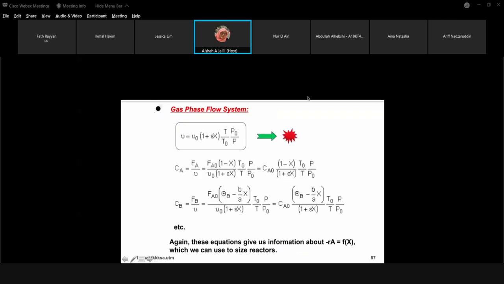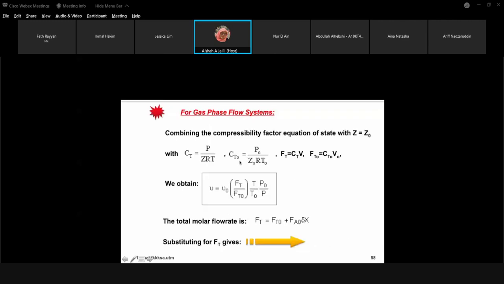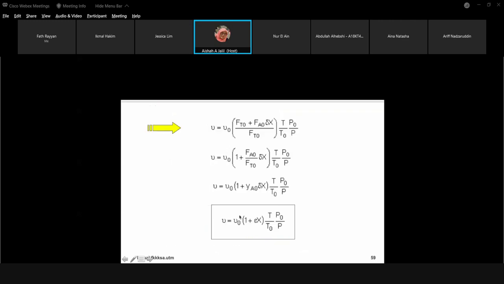I said before, where does this equation come from? It is derived from here. The total molar flow rate is Ft equals Ft naught plus F naught delta X. Then you substitute Ft and you get this one. That is how you derive the equation, and you can study from this.